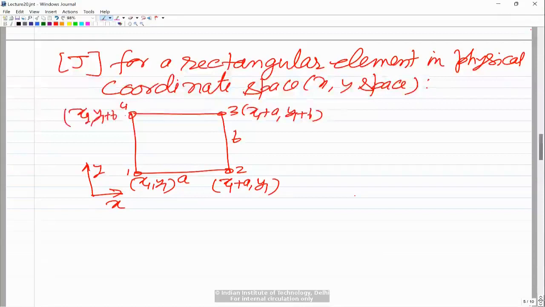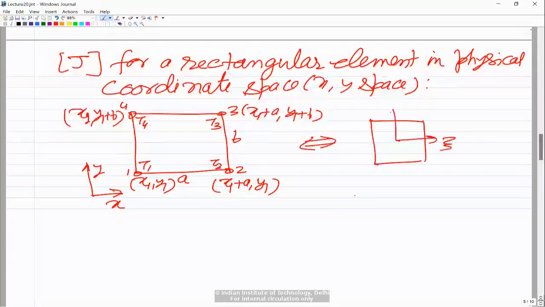These would be the xy coordinates. Of course, the temperature values would be T1, T2, T3, and T4. And then this is mapped to a square in the natural coordinate space, with xi and eta, and nodes 1, 2, 3, and 4.